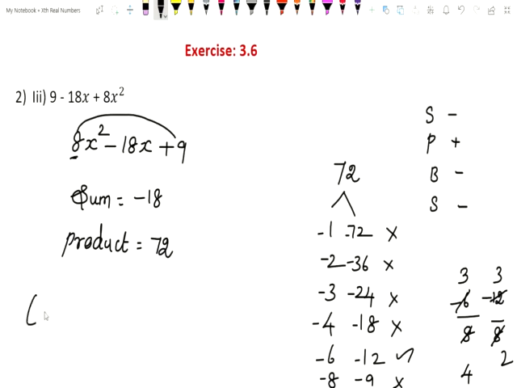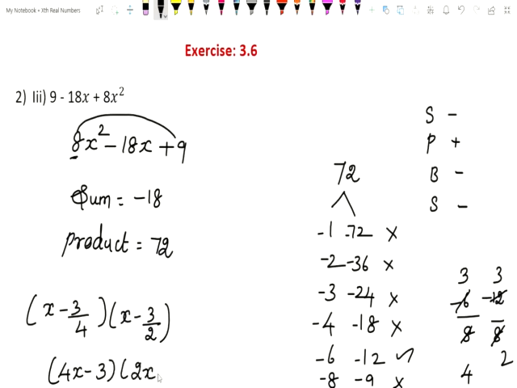Here the variable is x. x minus 3 by 4, x minus 3 by 2. Let's cross multiply. 4x minus 3 into 2x minus 3.